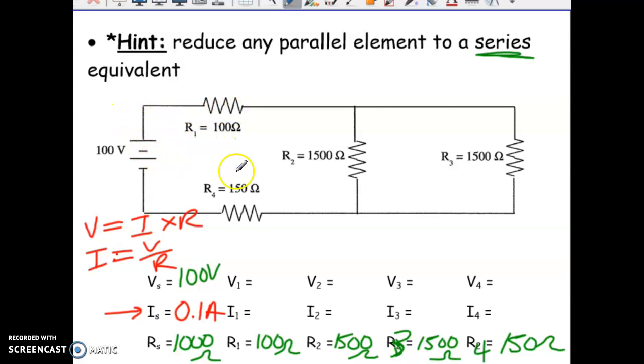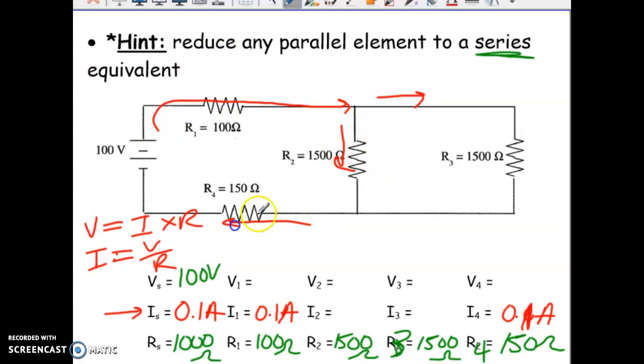So that means, let's take a look at what is in series. So 1 and 4 are in series, correct? So that means my I1 is going to be the same, and my I4 is going to be the same, because remember, they haven't split yet. So this and this are in series, so they're going to be exactly the same value.